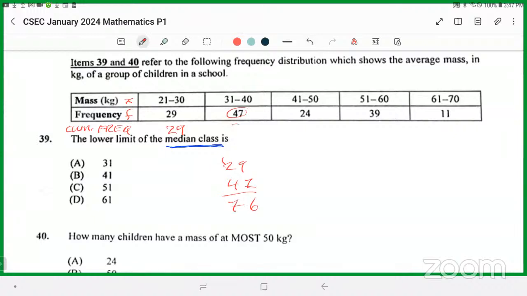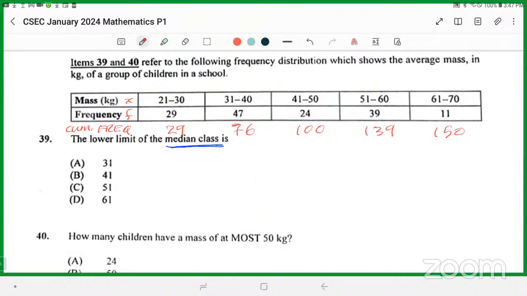So we need 76 right here. And then I add this 24. That one is easy, it becomes 100. This becomes 139. And then we have 11 more, which makes 150. So there are 150 people in this data.